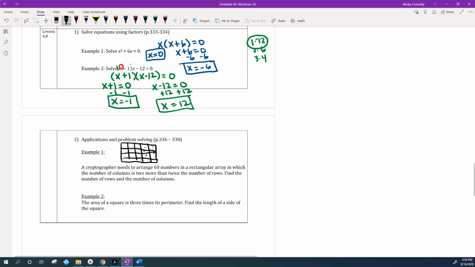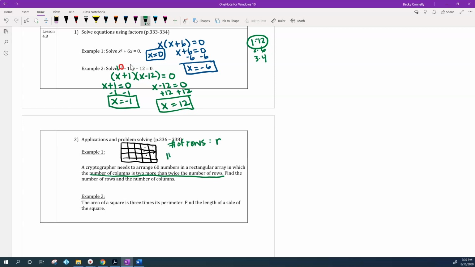All right, so this one sentence right here: the number of columns is 2 more than twice the number of rows. Well, we don't know how many rows we have, so I'm going to give the number of rows a variable, and I'll call that r.